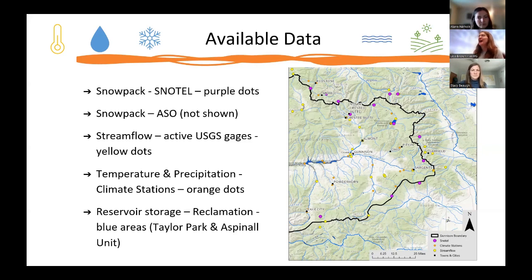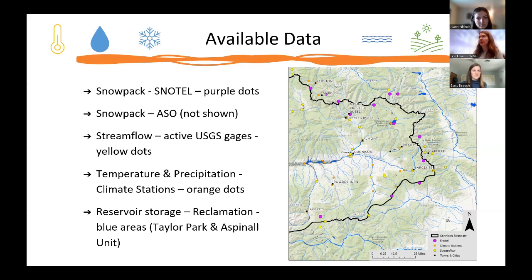So the first big thing, in terms of available data for snowpack, we've got our SNOTEL sites, and those are shown on the map in the purple dots. I know that folks in this group are super aware of the SNOTEL information and that maybe you pull information for a particular SNOTEL site for your basin. But this is a great network, and we've got pretty decent coverage for the Upper Gunnison.